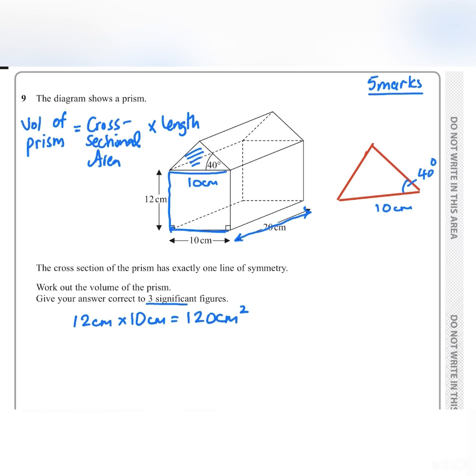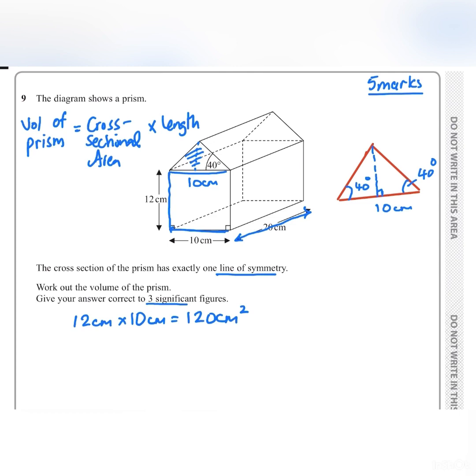Since it says it has one line of symmetry, this shape is symmetrical, so therefore this is an isosceles triangle, so we have another 40 degrees angle here. And to find the area of a triangle, we need the vertical height. If we have that, we can simply times by 10 and halve it. But we haven't been given that side.